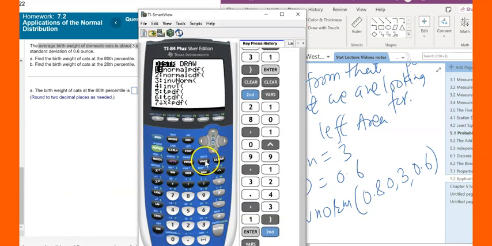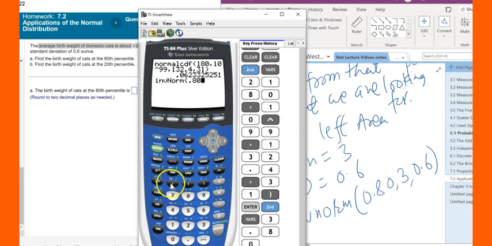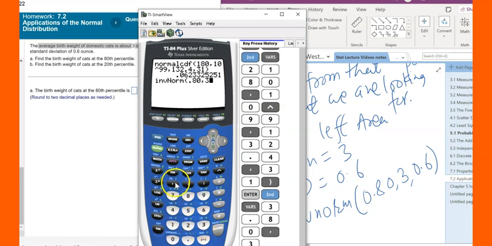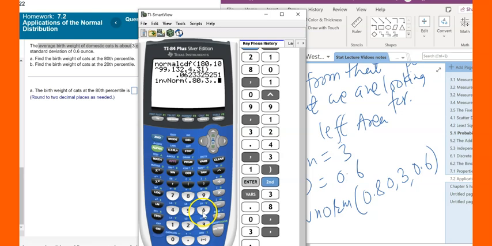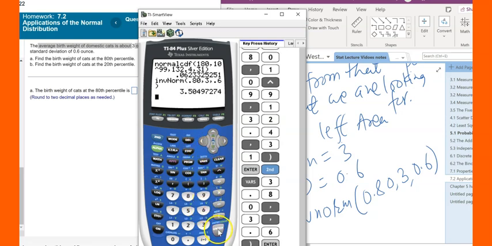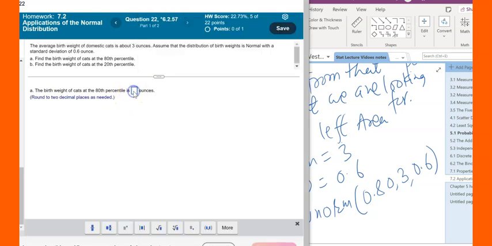Second VARS, choose number 3, inv norm, 0.80, comma 3, comma 0.6, close parenthesis. See, you get 3.504. Rounded to 2 decimals gives you 3.50. That's the 80th percentile, 3.50.